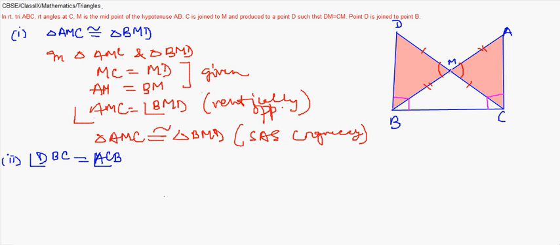Now, because we have already proved the congruency of these two triangles, angle ABD is equal to angle BAC, that is CAB. This is by CPCT. These two red marked angles.